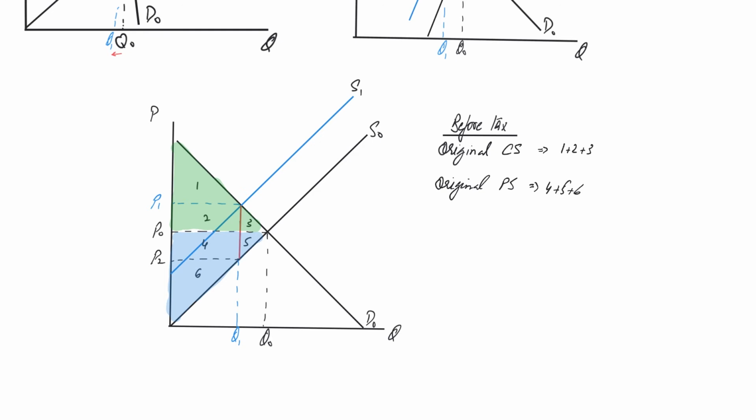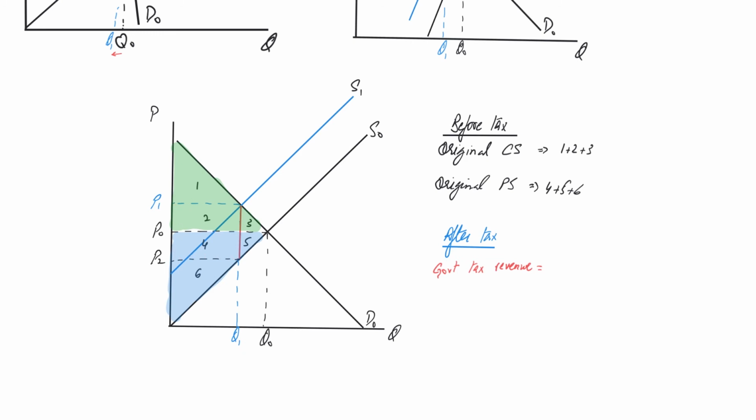Now when the tax is imposed, the scenario has changed. After tax, first of all, the government gets a tax. Okay, so what's the government tax revenue? It is the vertical distance, the tax rate, into the quantity.